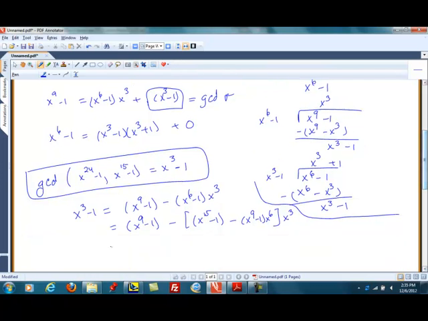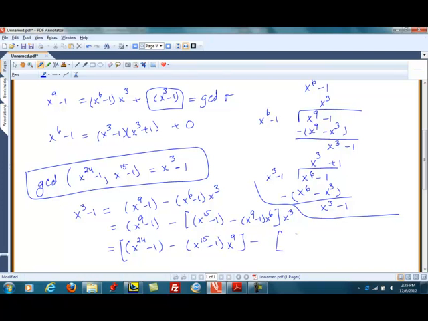Okay, so for our first one, we have x to the 24 minus 1 minus x to the 15 minus 1 times x to the 9th minus.